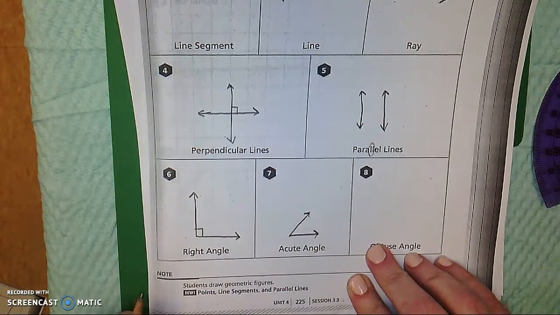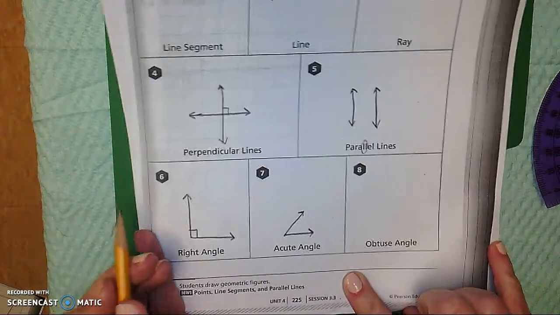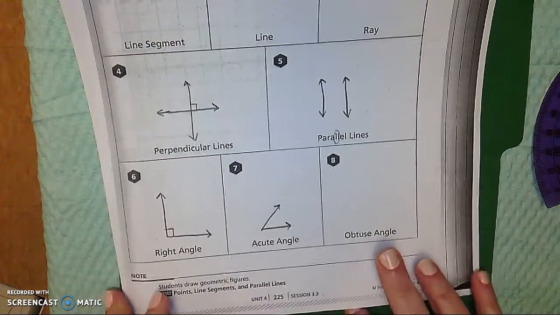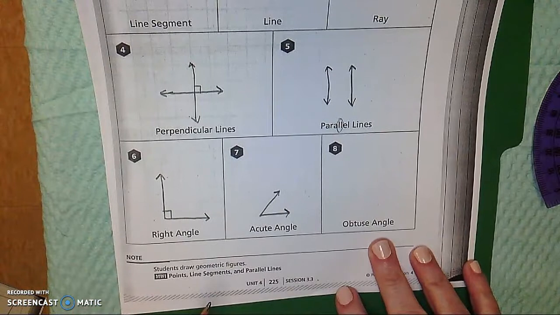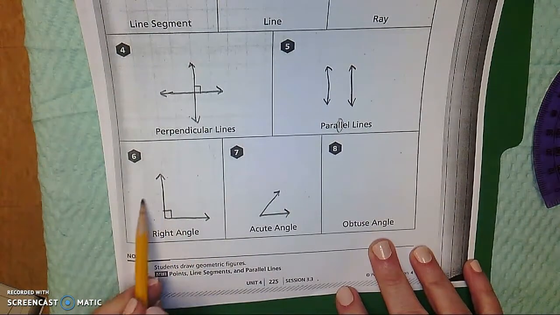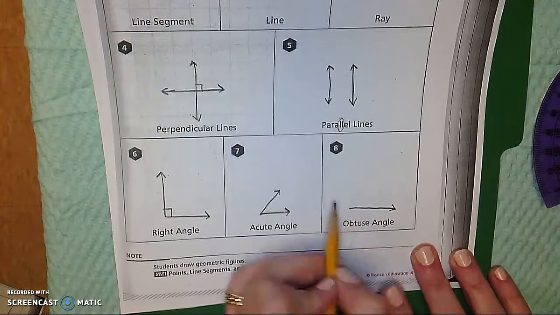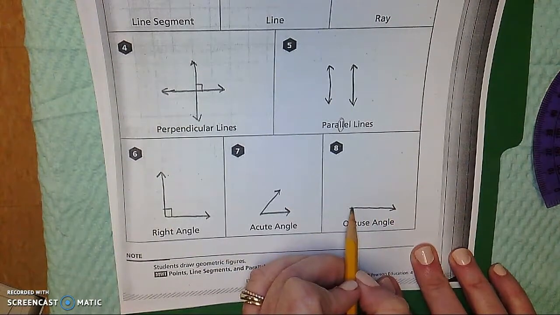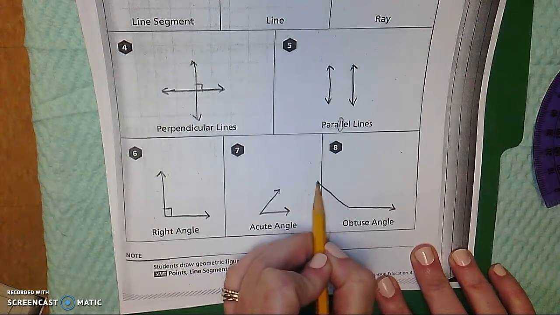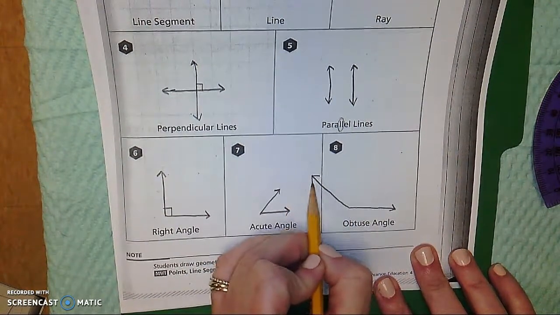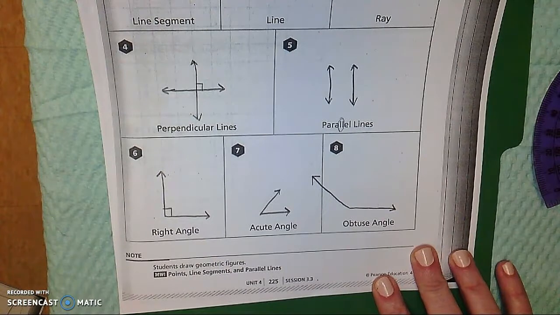Yours may be a little bit smaller or a little bit bigger. But then our obtuse angle, we think of obese, it's bigger than 90 degrees. It's going to have to measure bigger than this right angle. So I'm going to put my bottom line, but if I went straight up and down, that would be a right angle. So I've got to make it bigger so that it is an obtuse angle.